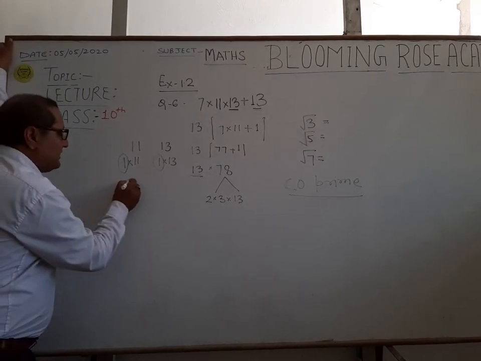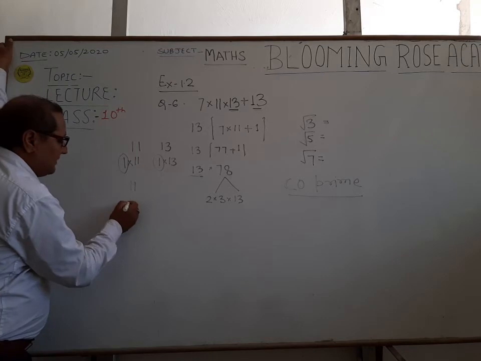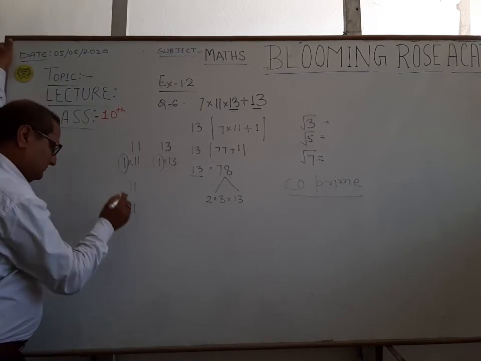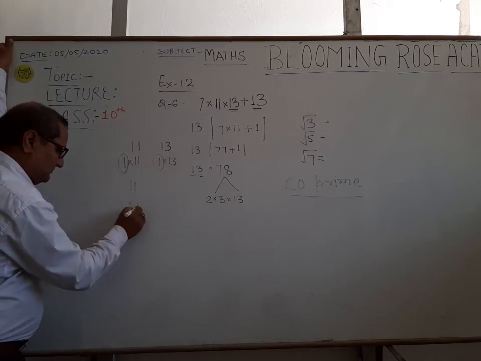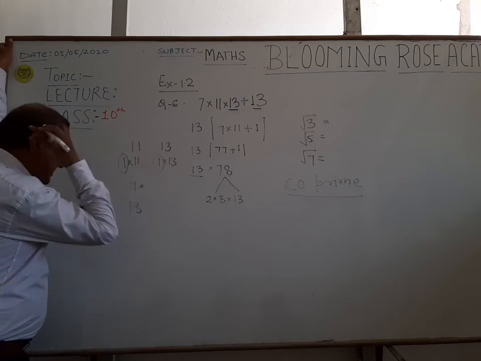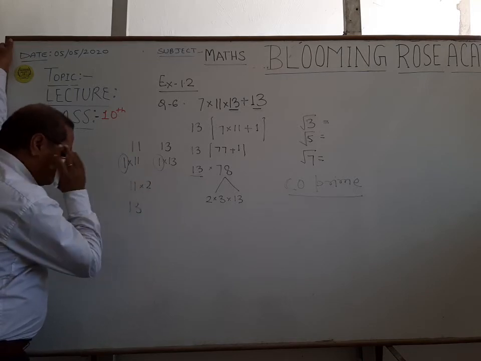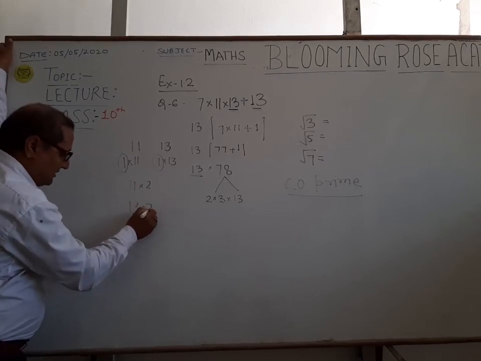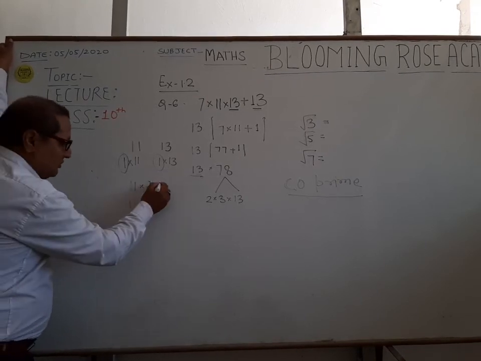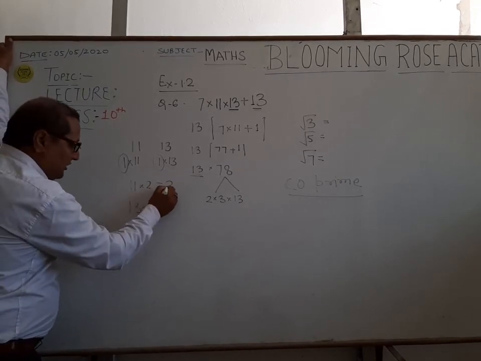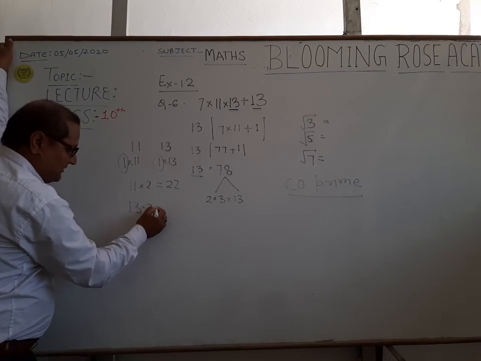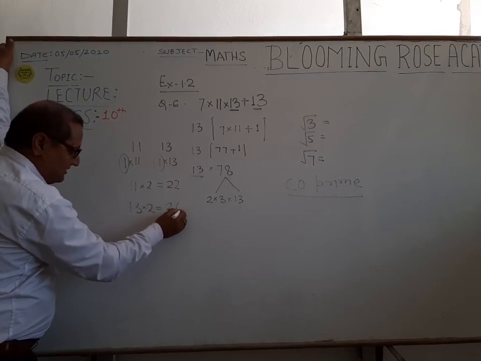But if you take 11 and 13 and multiply this number by 2 and this number also by 2, we get 22 and 26.